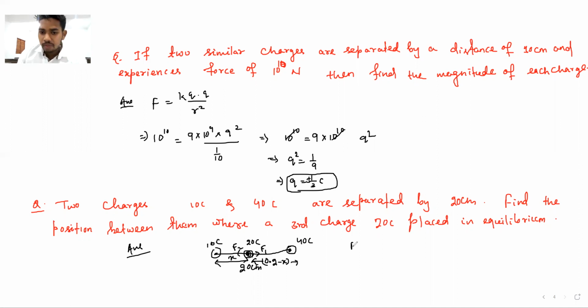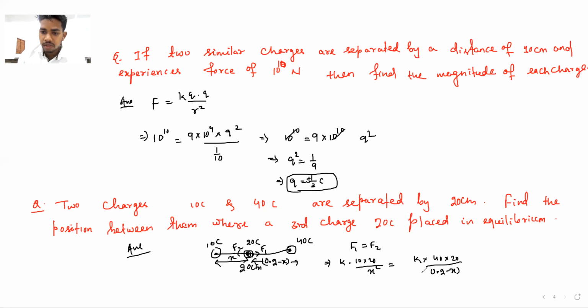Then F1 equal to F2. In that case only the 20 Coulomb charge will be in equilibrium. So the F1 value will be k into 10 into 20 by x square, and F2 is k into 40 into 20 by (0.2 minus x) whole square.